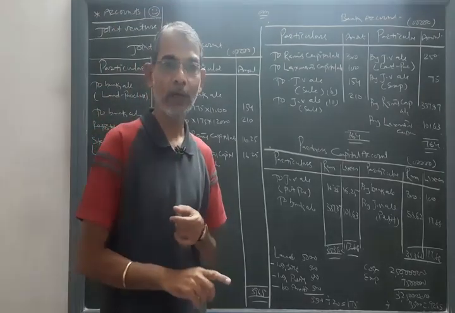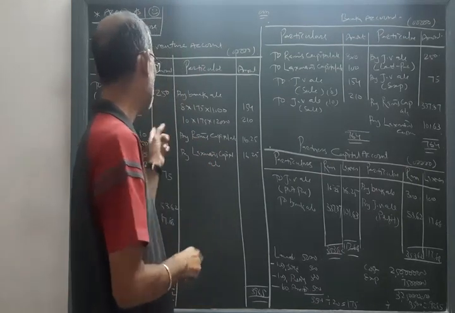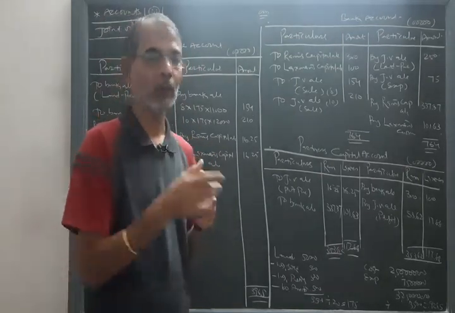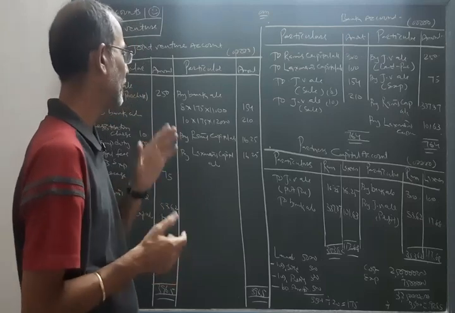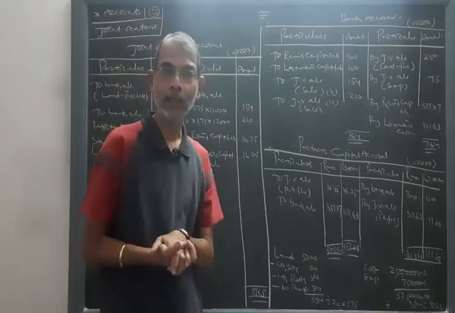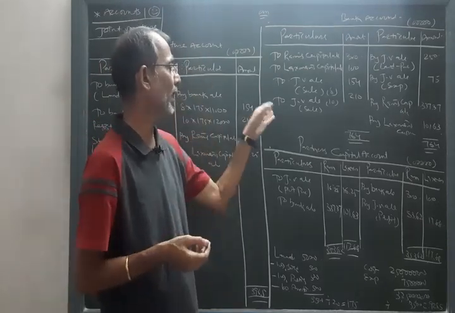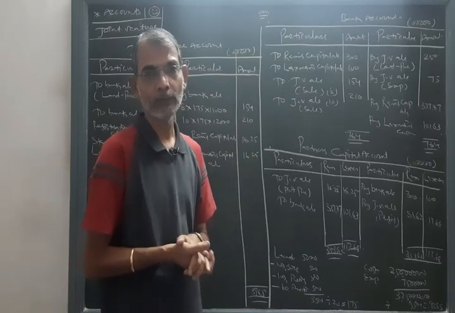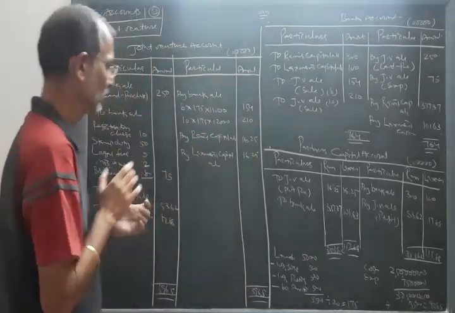So 10 into 175 into 12,000. So 210, that means 2 crore 10 lakh on the debit side of the bank, while on the credit side of the joint venture account.